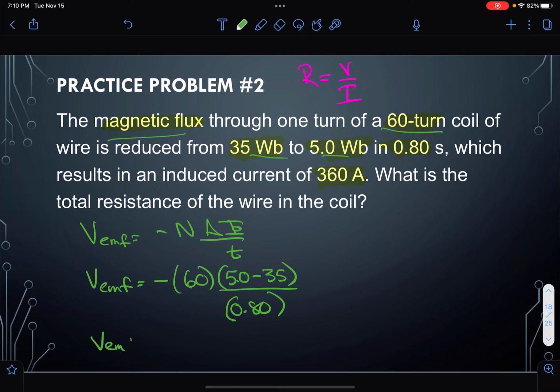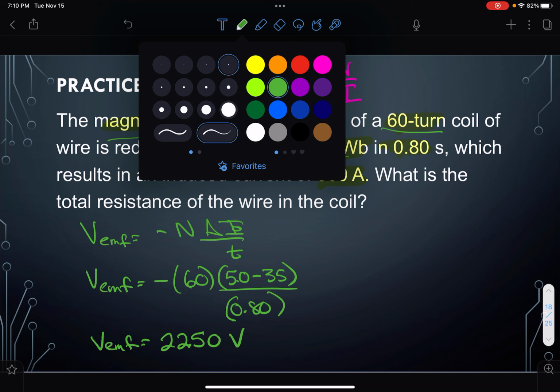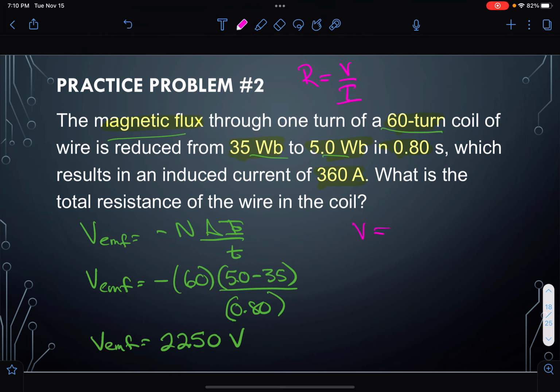Okay, so when I calculate that all out, I end up with a very high voltage of 2,250 volts. Okay. So now I can go back and find, knowing V equals IR, my resistance is going to be the 2,250 volts divided by 360 amps, and my resistance in this case ends up being 6.25 ohms.